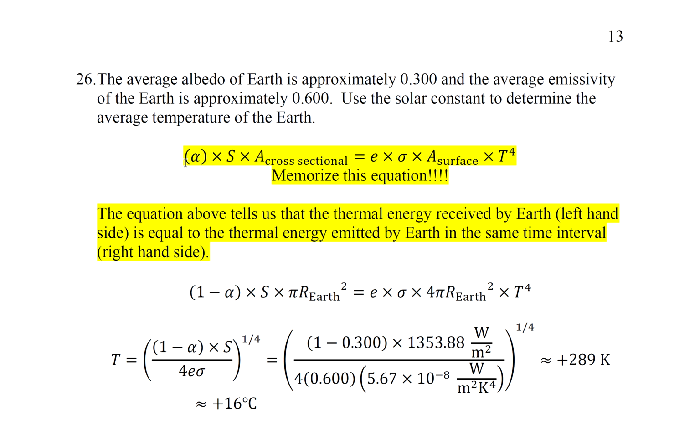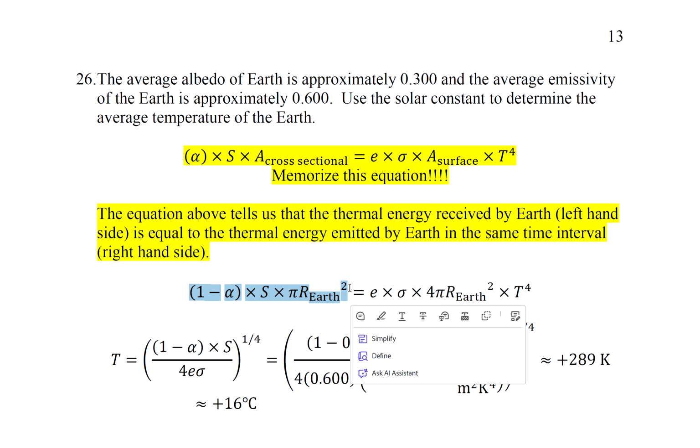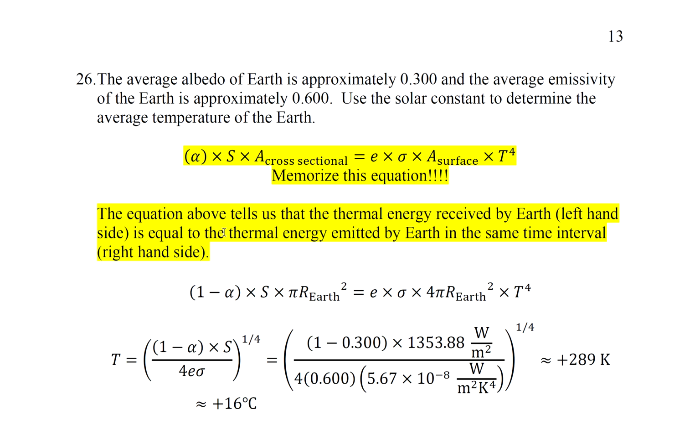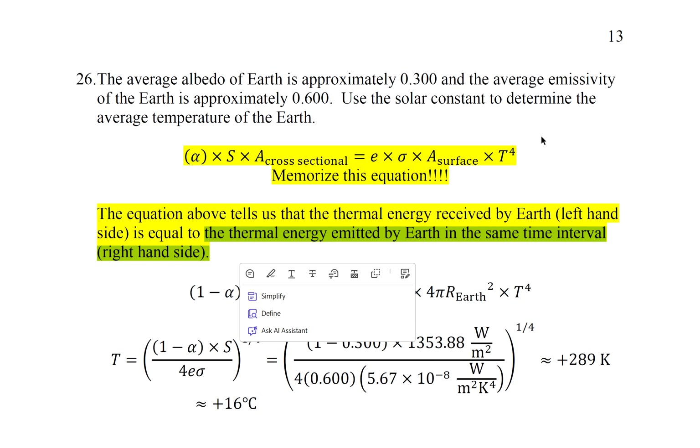So it's going to be alpha times the solar constant times A cross-sectional. That's this here. Equals the thermal energy emitted by Earth in the same time interval.